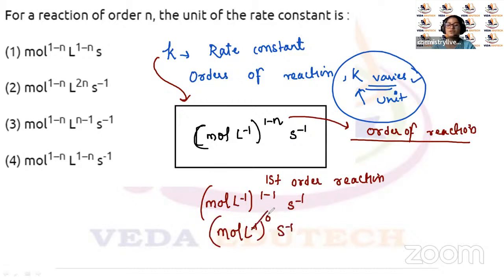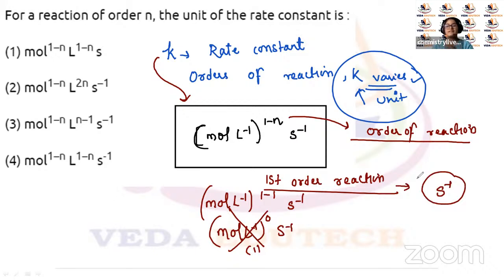So this is going to be 1, and this is only going to be second inverse. So this is your unit of rate constant for first order reaction. So whenever you see in a question that the rate constant is given in terms of second inverse, you are going to identify at once that this is a first order reaction. Yes. Okay. So now I told you that this is the very basis of your rate constant and its unit.